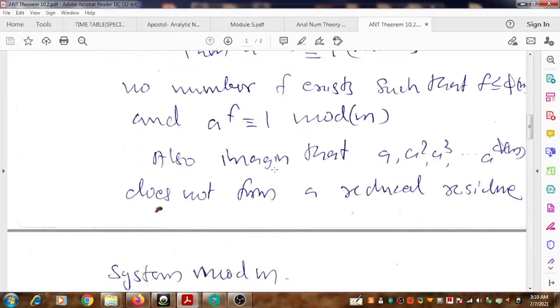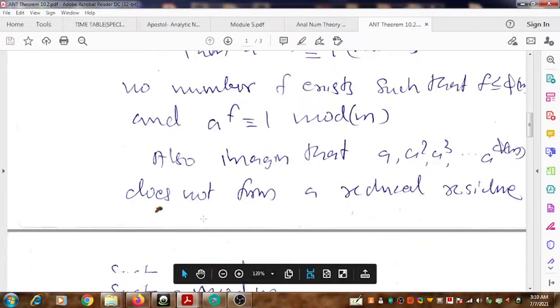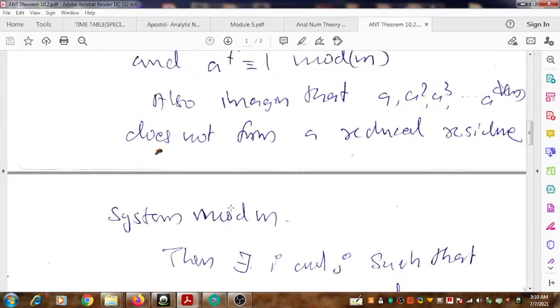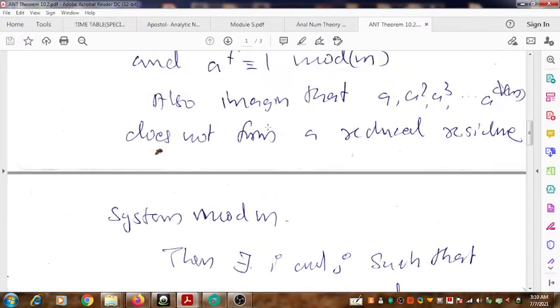Also, let's imagine that the numbers a, a squared, a cubed, etc., a raised to phi(m), do not form a reduced residue system mod m.